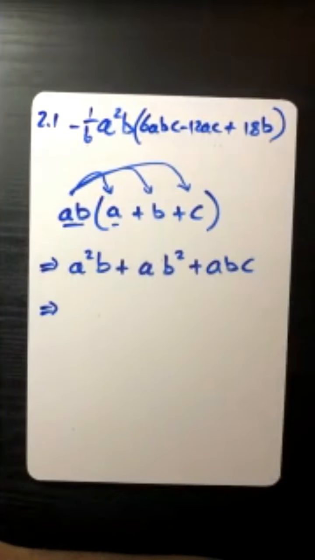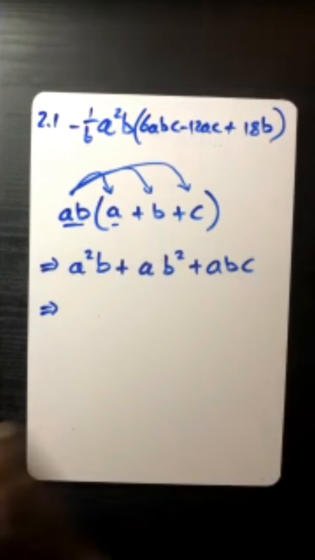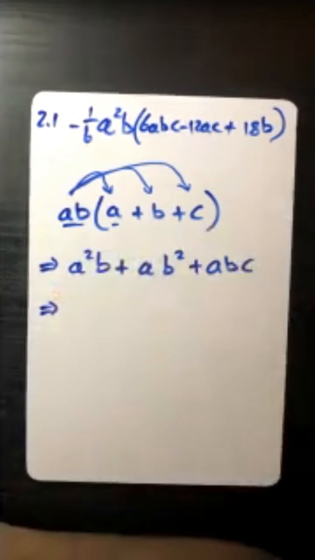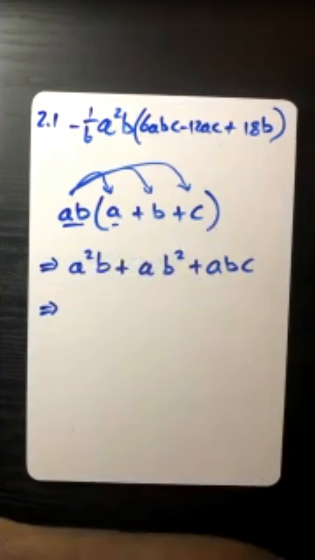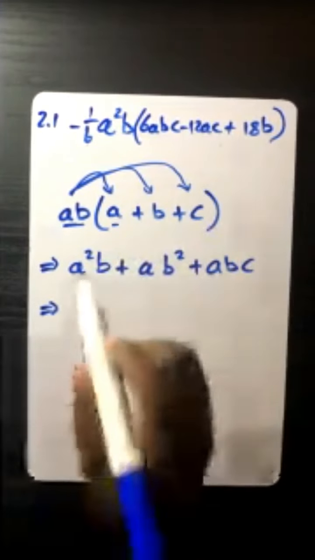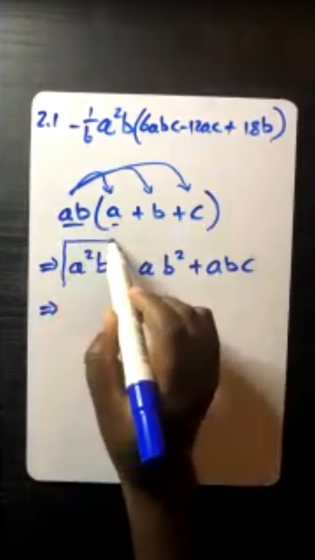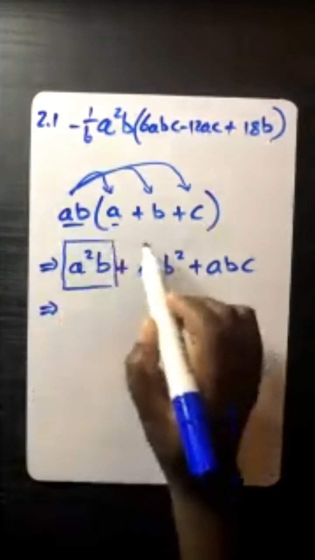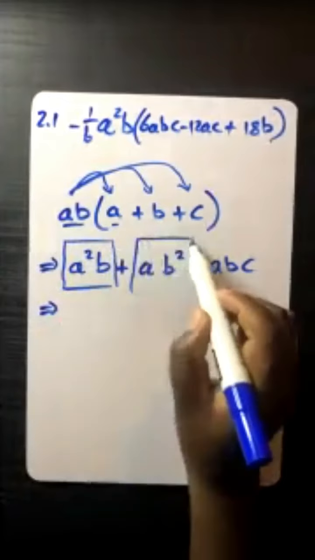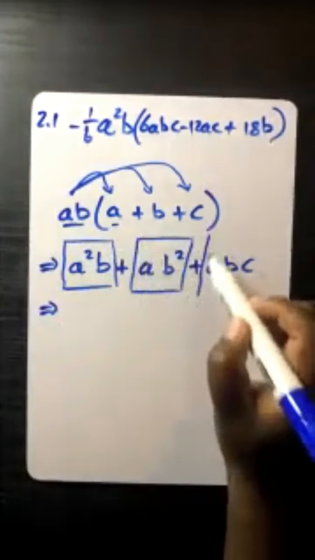Three A's, three B's, and a C. Mm-hmm. Okay, so how many terms have we got over there? 3. 100%. We've got 3 terms. I'm going to make blocks for each term. So these are the 3 terms that you're talking about, isn't it?